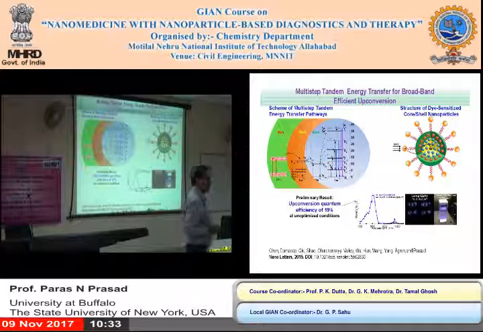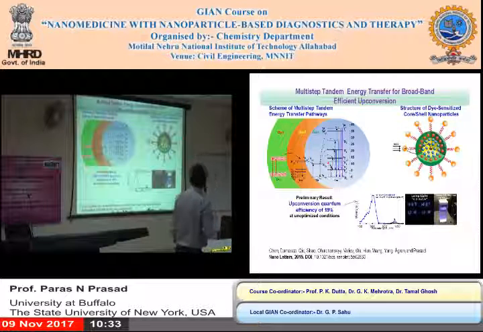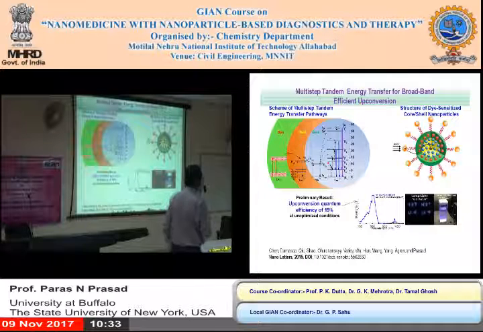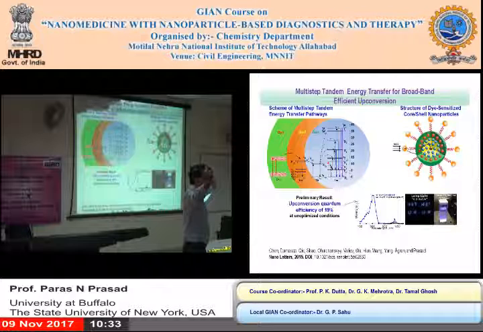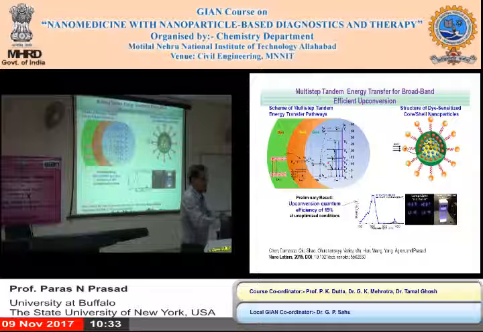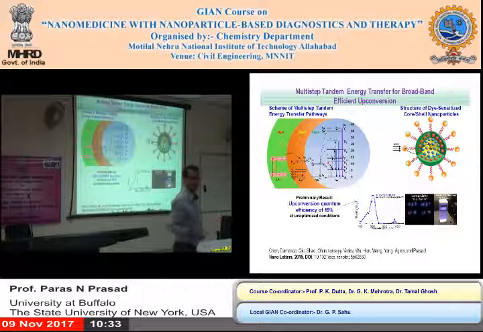You don't even need a laser. A lamp at 980, in this case 800 nanometers, and it can be up converted very strongly. So we show that in this energy transfer process, these dyes act like antennas. They absorb light and funnel the energy into the core where you can emit light.